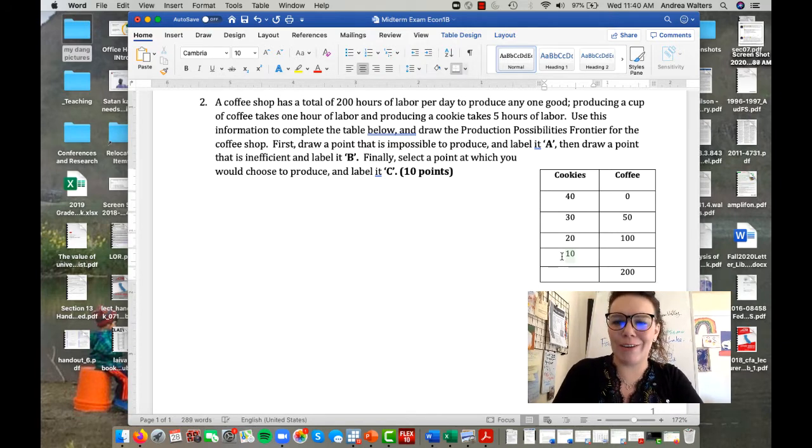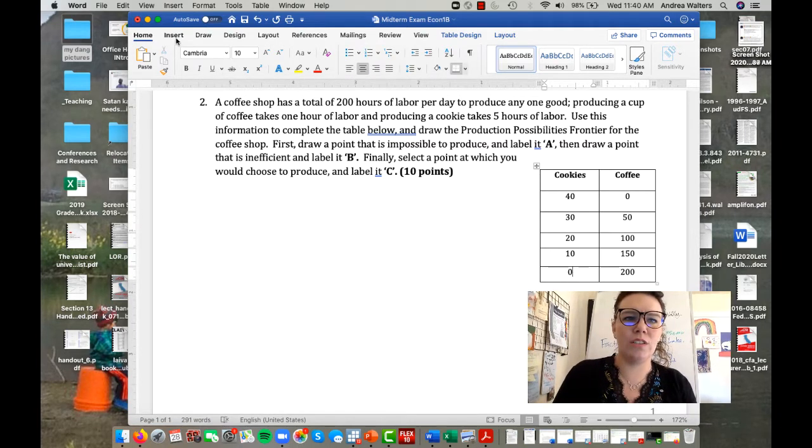And if we make 10 cookies, those 10 cookies take 5 hours each, or 50 hours total, for 150 hours left to make 1 hour cups of coffee. And if we spend all 200 hours making coffee, we can't make any cookies. So that's how you'd want to fill in that chart.